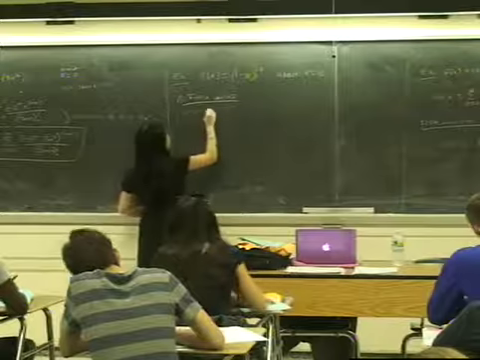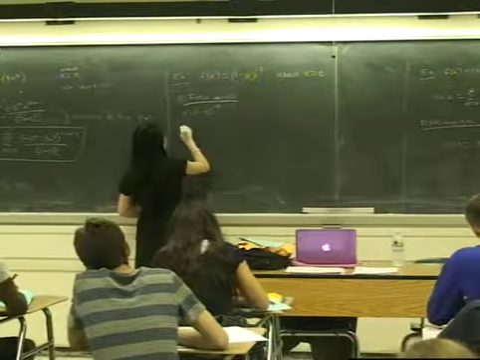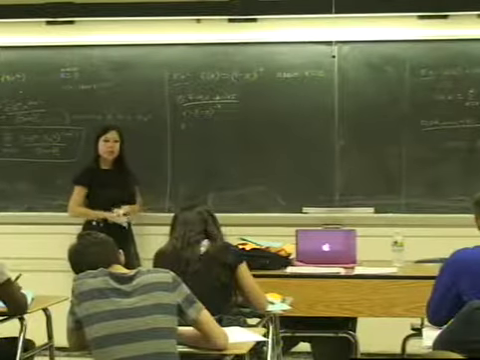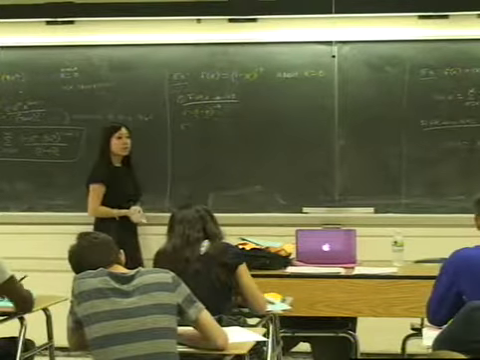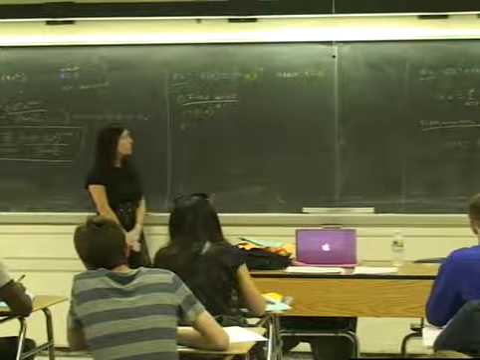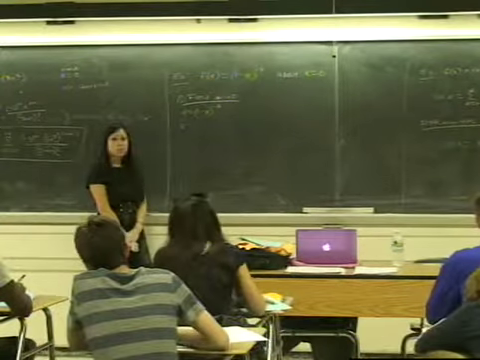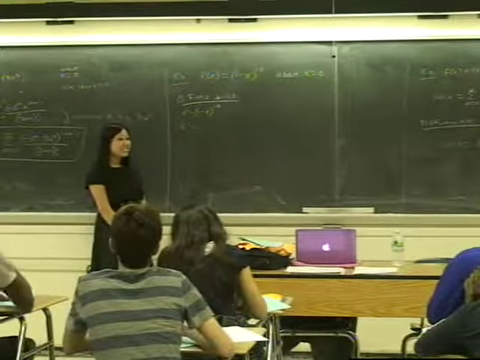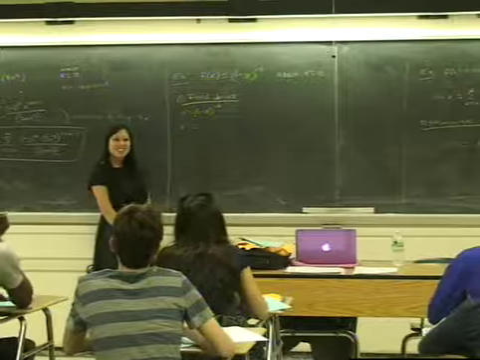f(x) equals (1 minus x) to the negative 3. And then I find the derivative of f, which is negative 3 times (1 minus x) to the negative 2.